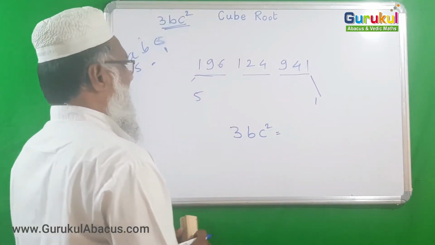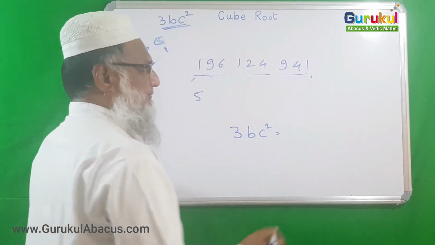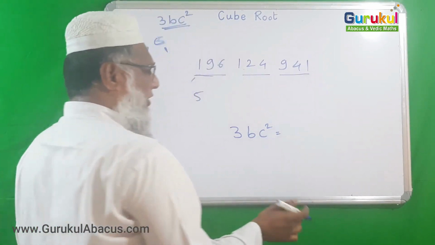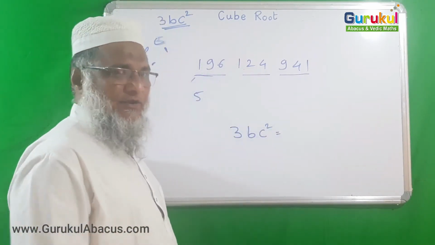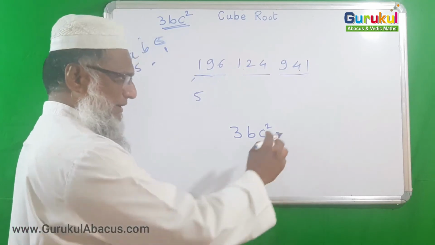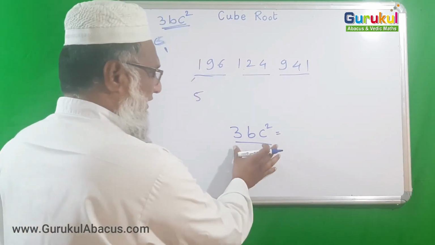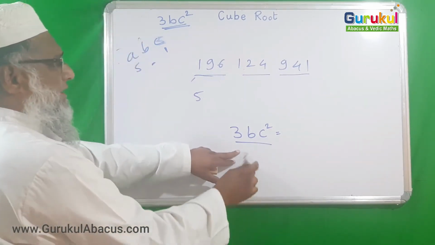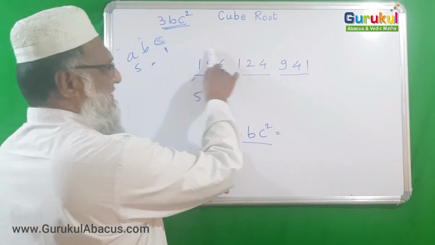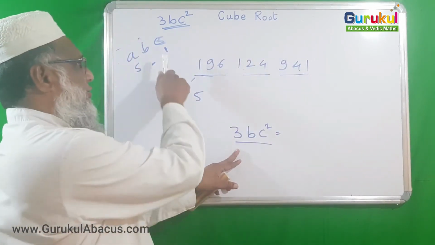Firstly, I want to subtract the cube of the last digit from the last pair. I wrote the formula here, but how can I find its values? That is the logic to understand. So for it, the last digit's cube I should subtract from the last pair. So cube of 1.